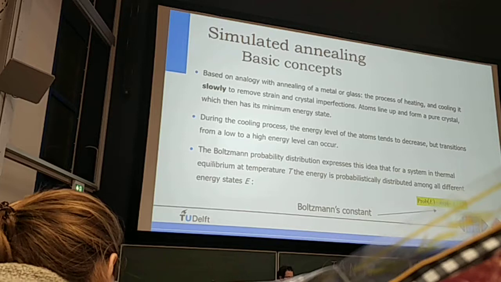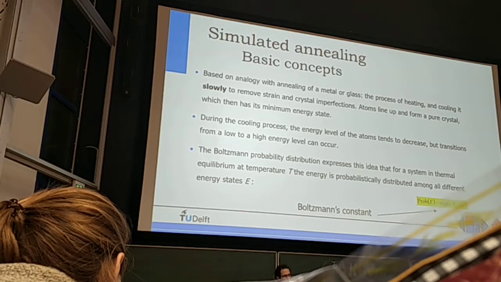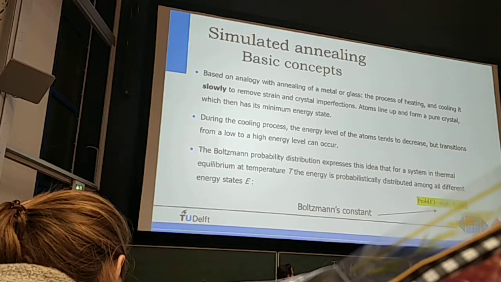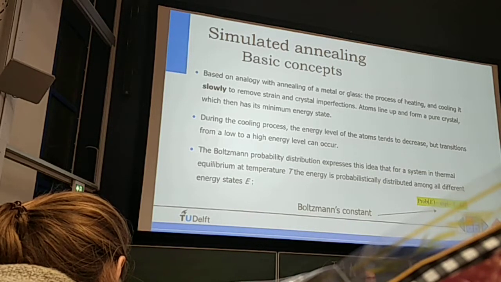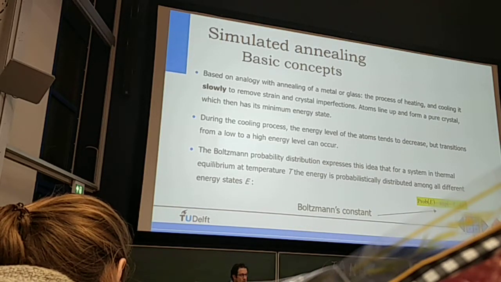If we cool it, then of course the energy level of the atoms tends to decrease, but you can still have some atoms which are hotter than others. So even though overall it is cooler, you can still have individual switches going on. However, the likelihood of those will become less and less.